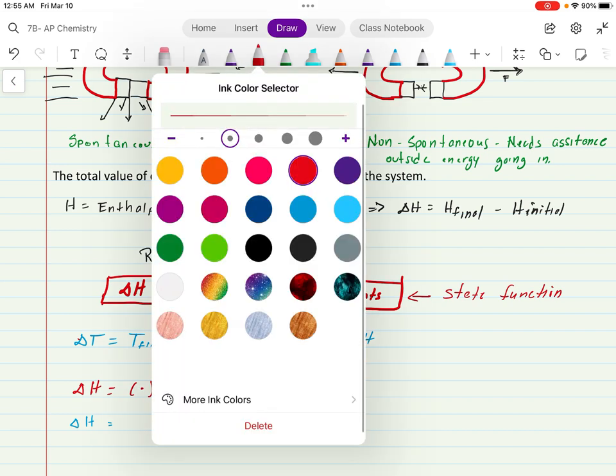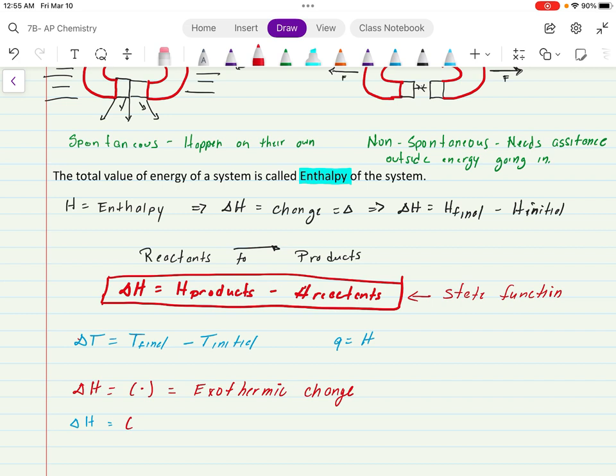If the system has a positive value, then this represents an endothermic reaction or endothermic change, right? This also relates to the energy or the heat. Remember from before, all right?